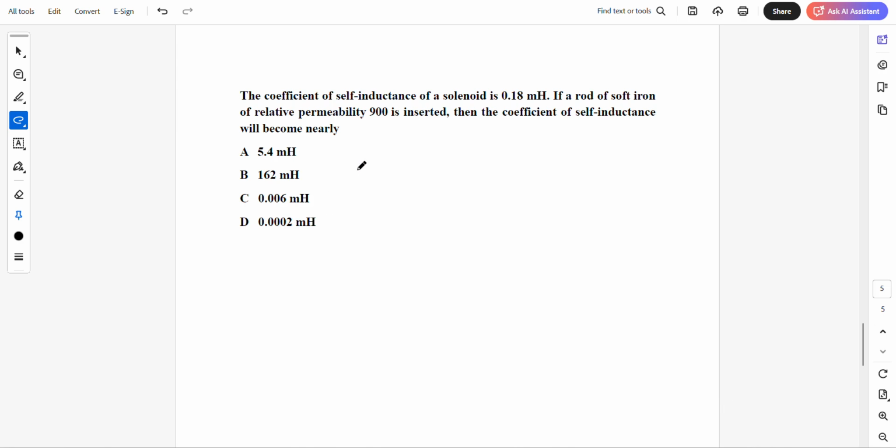The coefficient of self inductance of a solenoid is L is equal to 0.18 millihenry. If a rod of soft iron of relative permeability mu r, which they have given as 900, is inserted.